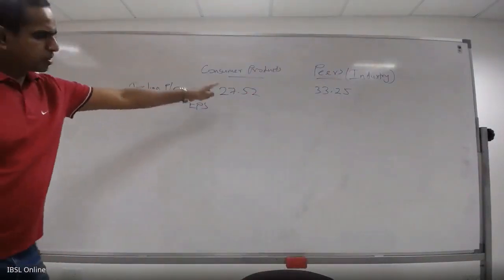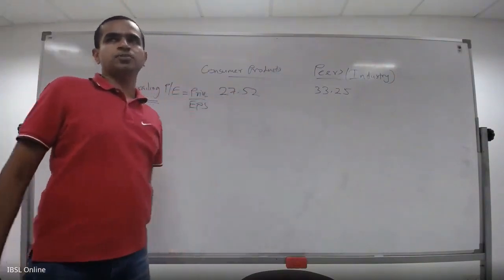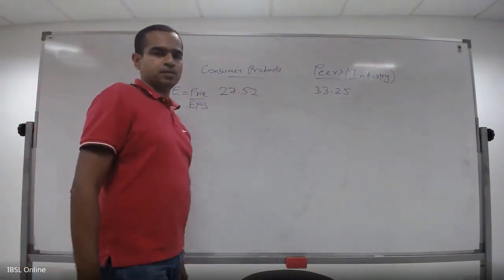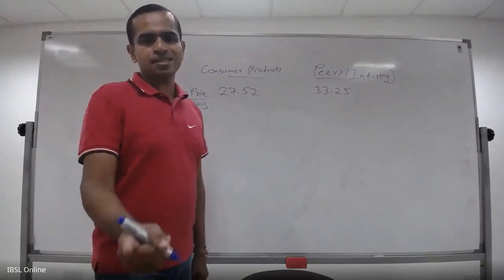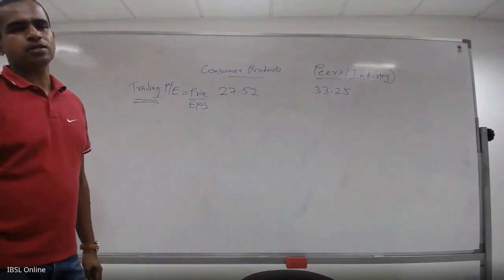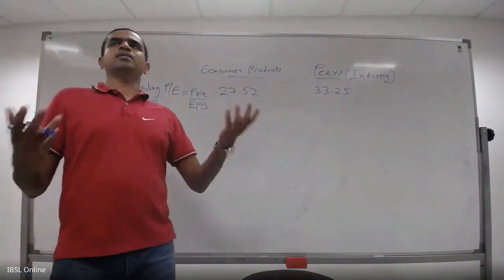Now, consumer products is 27.5. Industry 33.25, which means the industry has a better PE ratio. And it says there are no differences in fundamentals between peer firms and consumer products. So fundamentally, they are the same.